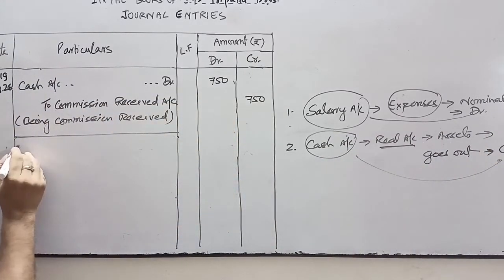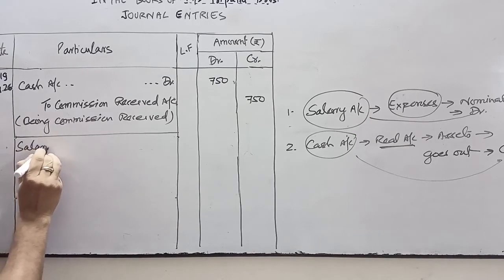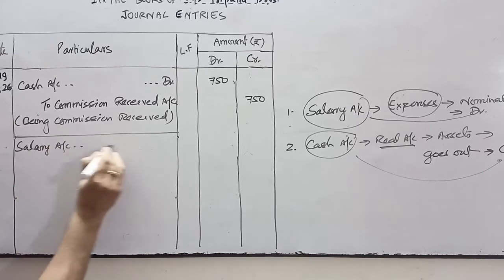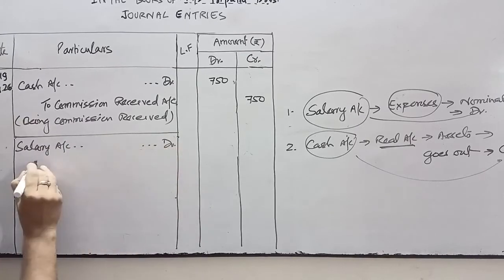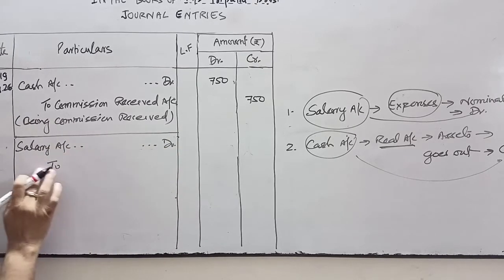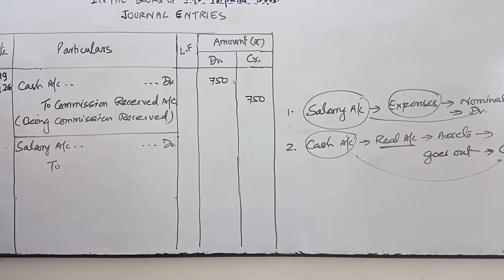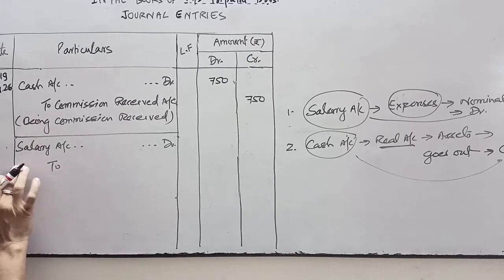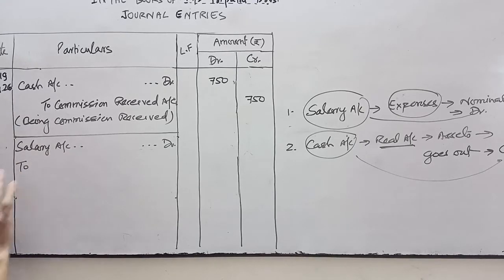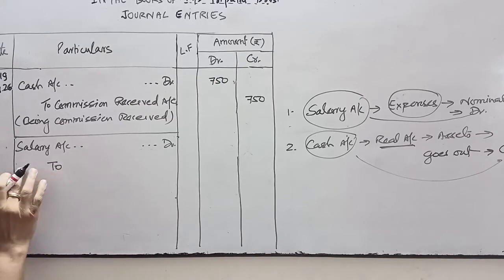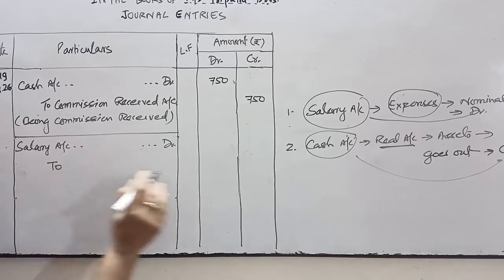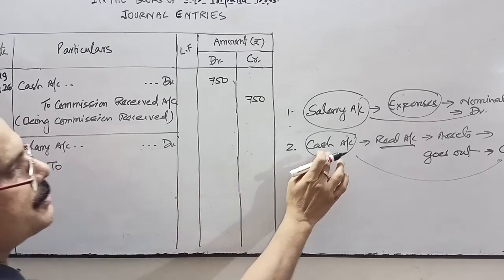So the entry will be salary account debit, to, again you take the space. Every time when you are going to write the credit, you take the space over here. Don't start writing 'to' from here. You start 'to' by taking a sufficient gap from here. To, what is on credit? Cash is on credit.